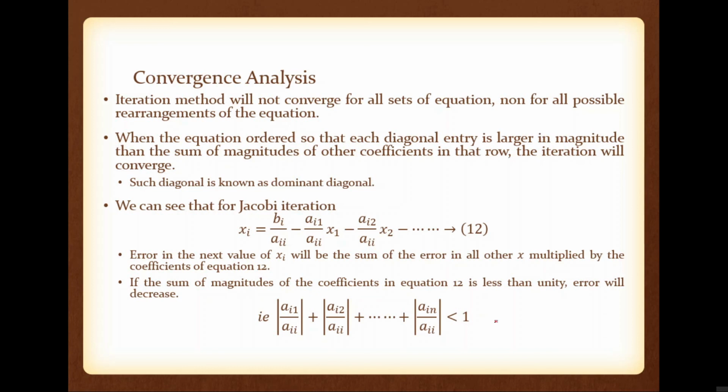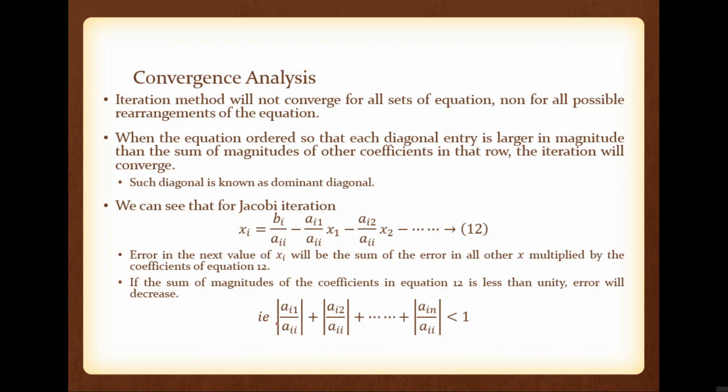If it is less than 1, definitely we can say the method is converging. Otherwise, we can't say whether it is converging or not. It depends upon the g dash of x. I told you this right hand side is g dash of x, so it depends upon that. But if it is less than 1, definitely we can say this given system is converging after swapping.